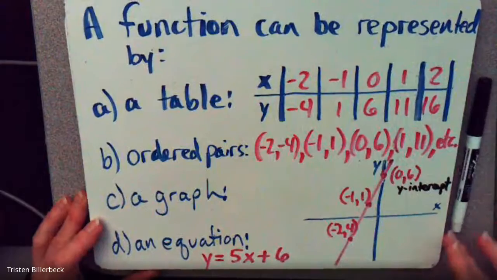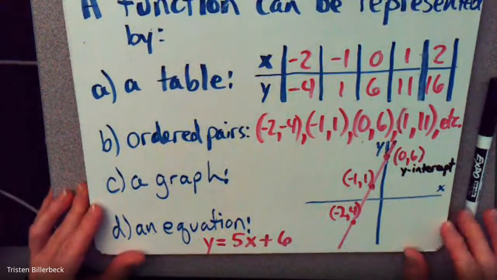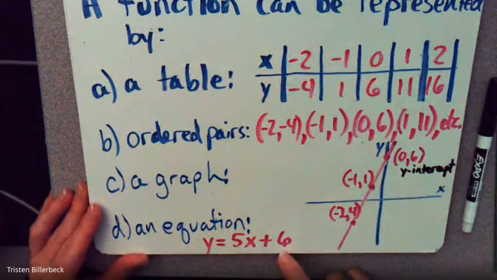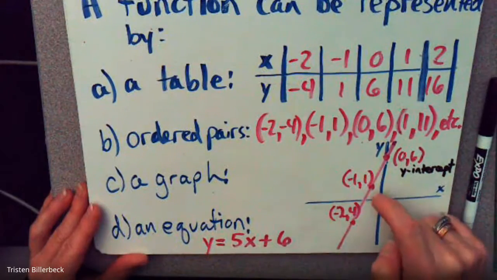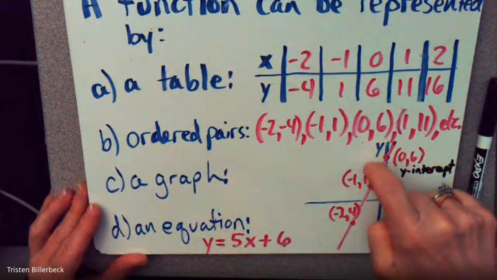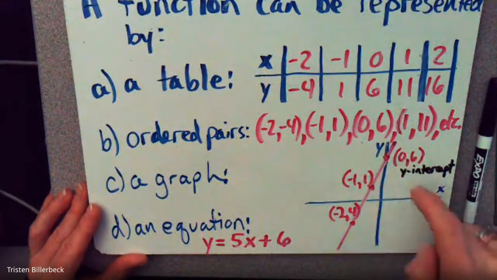Very cool. So if I was to make an equation out of this, I would start with the y-intercept right here, that's 6, because that's how it starts. And then if I counted this out, it rises from 1 to 6 by 5 and then moves over 1 to be right there.